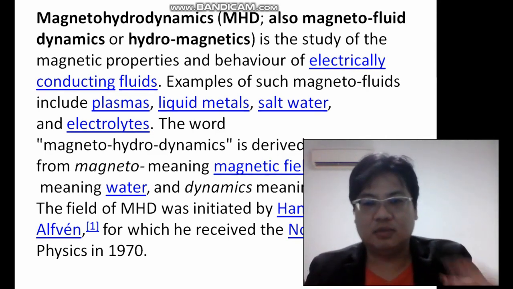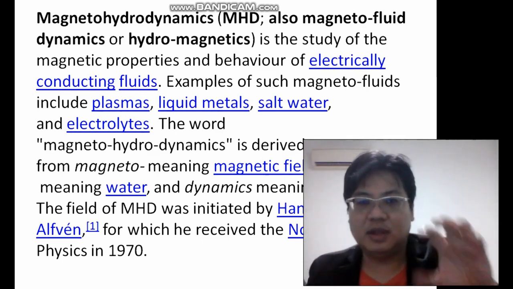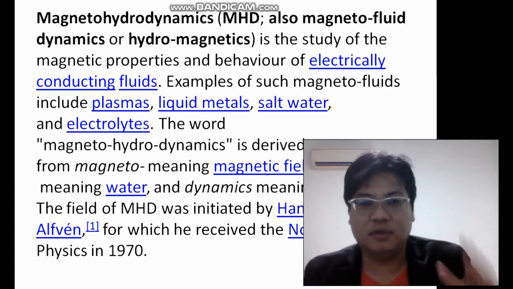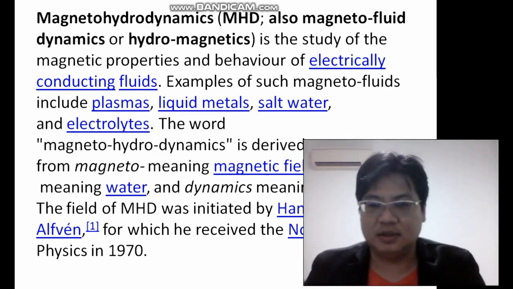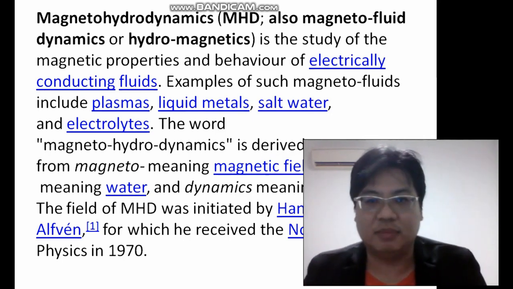This will provide enough electricity to make electrically conducting fluids. The fluids include plasma, liquid metal, salt water, and electrolytes. So you still need electricity to power up the whole Starship Enterprise.